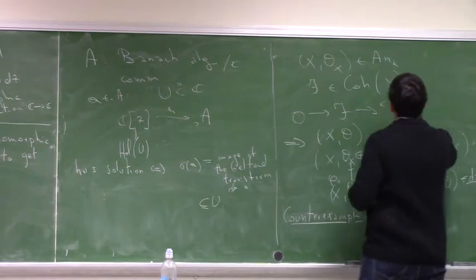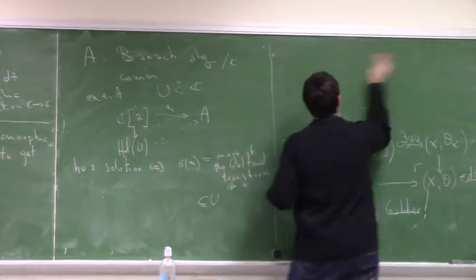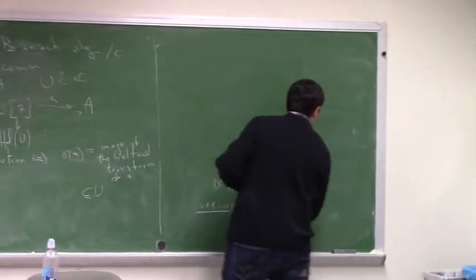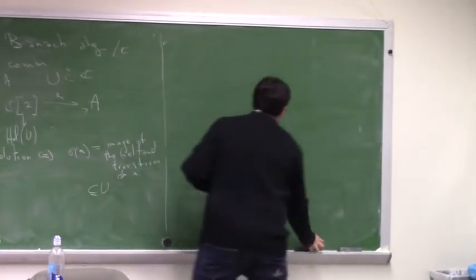If you think about what it means, it would just mean that I'm giving a functor from the category of open subsets of C^n to sets.